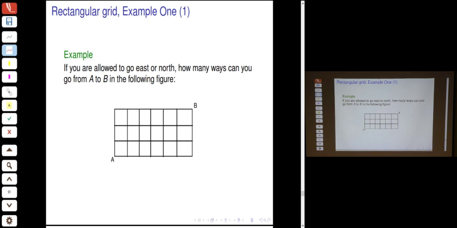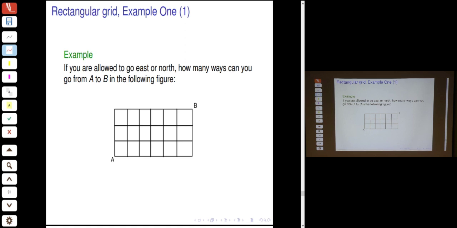Now, if you are allowed to go either up or to the right, and you are not allowed to backtrack, you can only go either up or to the right, right? Now the question for you is, how many ways can you go from A to B in this grid?